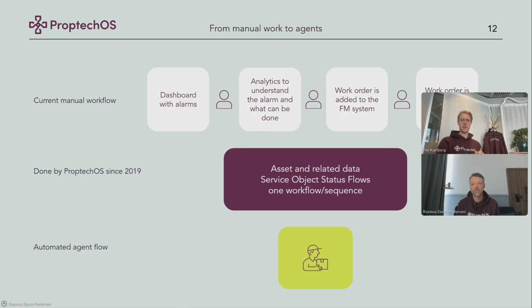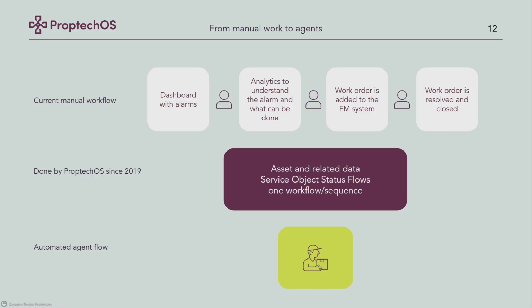So whether it's an alarm that stems from a technical alarm with different criticality levels, or an error report coming from a human tenant or a staff team member, or a work order, which could be planned or unplanned, could be about inspecting something every quarter, every year, every 3 years.